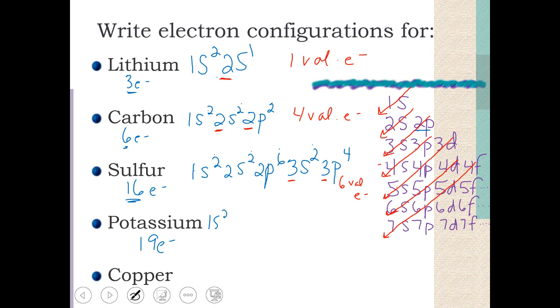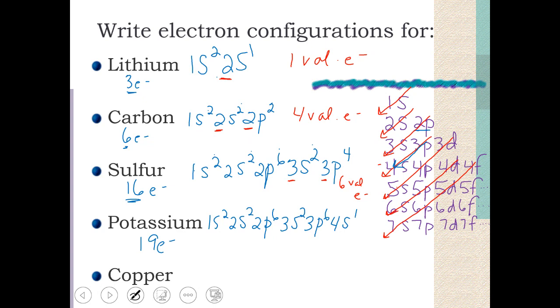So it's 1s2, 2s2, 2p6, 3s2, 3p6. Now if you add up all the little superscripts, 4 and 6 is 10, 12 and 6 is 18. After the 3p is full, the next thing you do, you see where the arrow goes? It doesn't go to the 3D, it goes to the 4s.